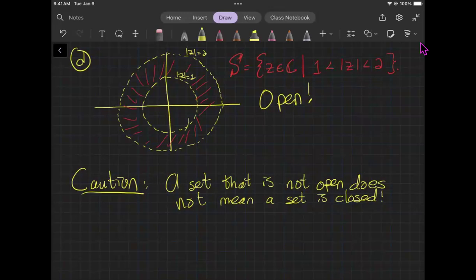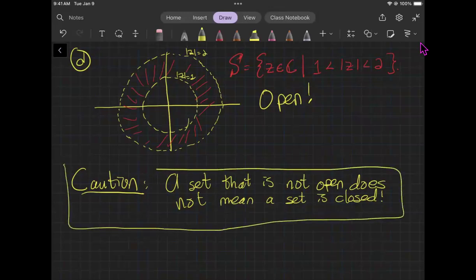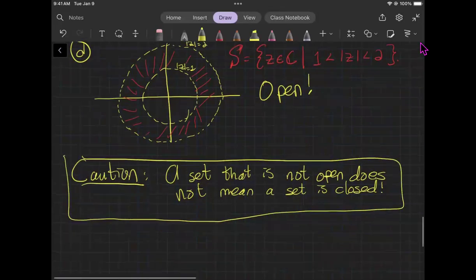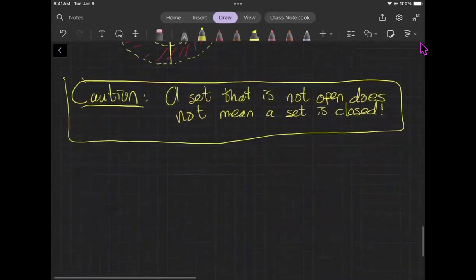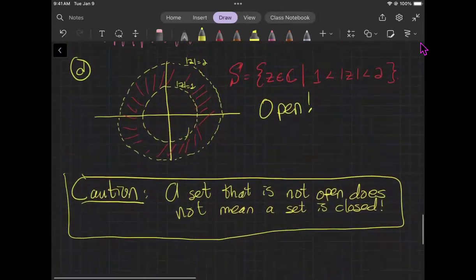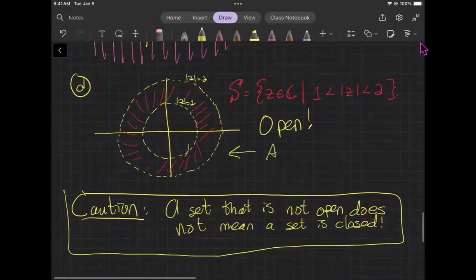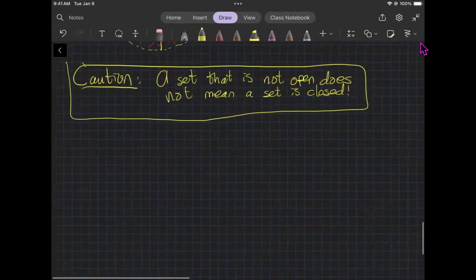So that's the caution, right? A set that's not open does not mean that it's closed, okay? You may have a set that looks like this. So this particular shape is what's called an annulus. Okay, the mathematical term. But you could have an annulus that looks like this, right?